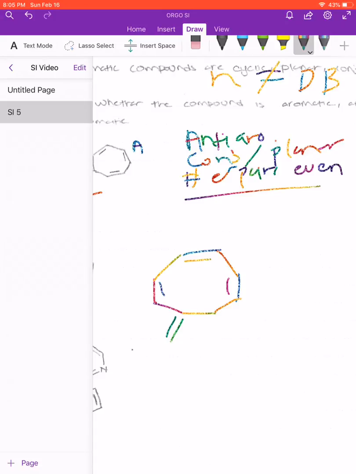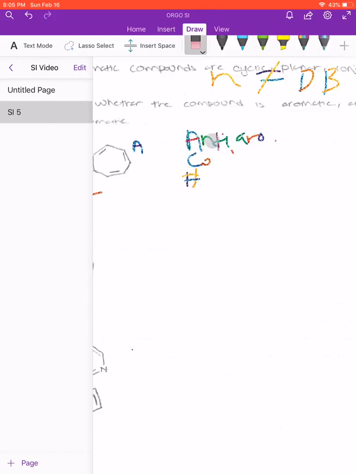Even though it has an odd number of electron pairs, this molecule is not even conjugated, right? Which means that this molecule is non-aromatic, right? So I hope that kind of helps you guys understand the difference. But now let's go back to the problems.